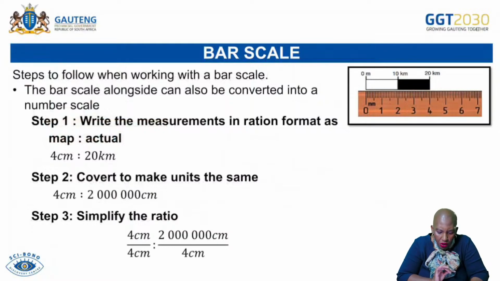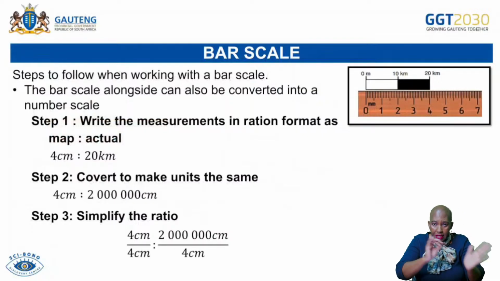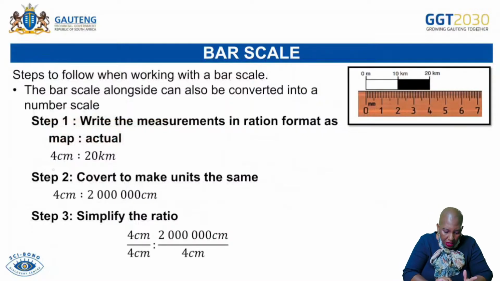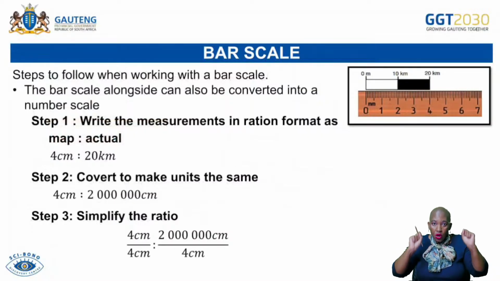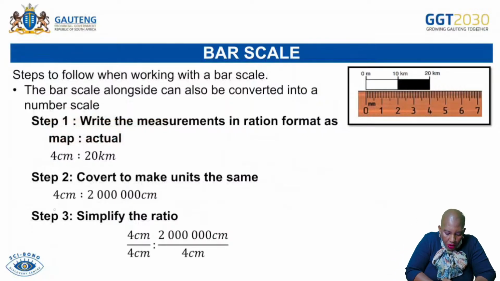The bar scale alongside can also be converted into a number scale. I've shown you. We have written in a ratio form now. We said 4 centimeters, which is the map, is to 20 kilometers, which is the actual distance. And then step number 2, remember the ratio, we have to work with similar units. So we have to say 4 centimeters, we convert the 20 kilometers to what?